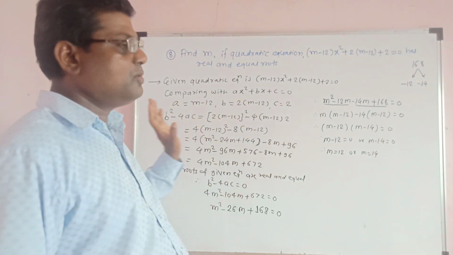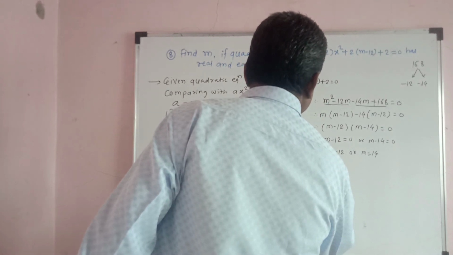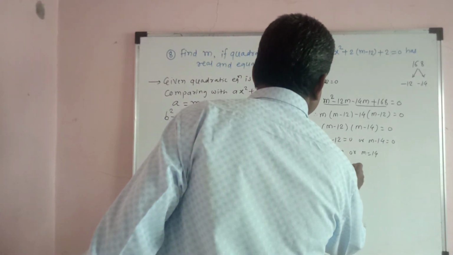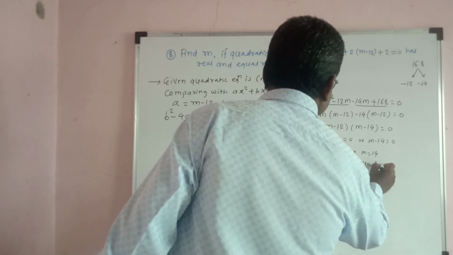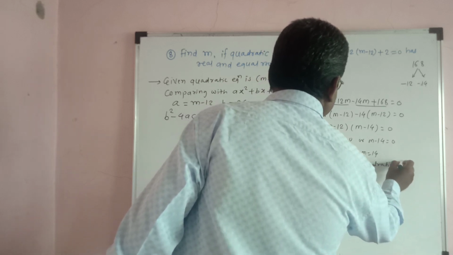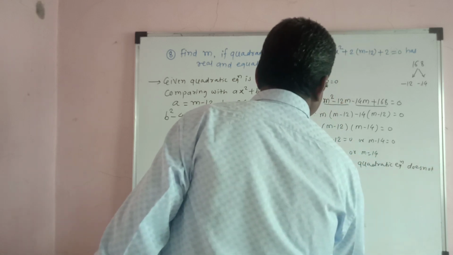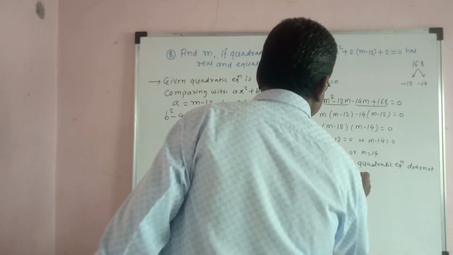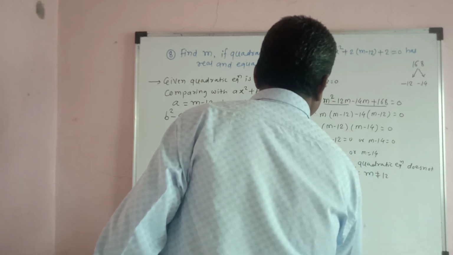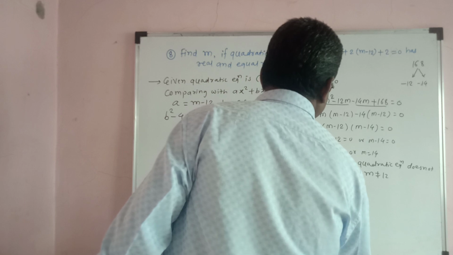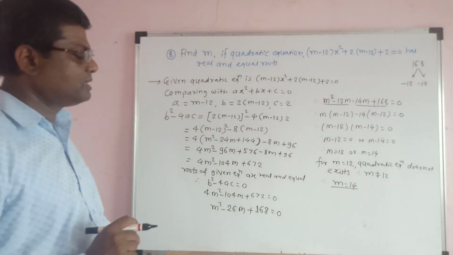For m = 12, the quadratic equation does not exist. Therefore m is not equal to 12, and m is equal to 14 here. The value of m is 14.